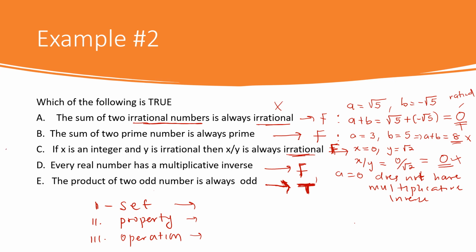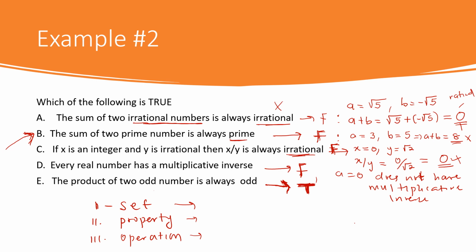Let's rephrase this statement, B here. We said the sum of prime numbers is always prime, and we say it's false, right? It means that if you add two prime numbers, you don't necessarily get a prime number. So what does this mean? This simply means that the set of prime numbers does not have the closure property.